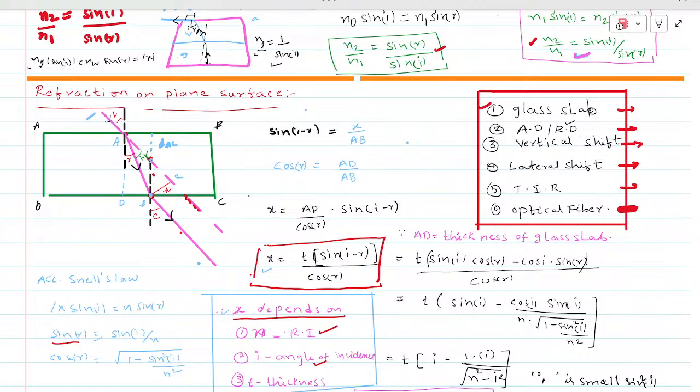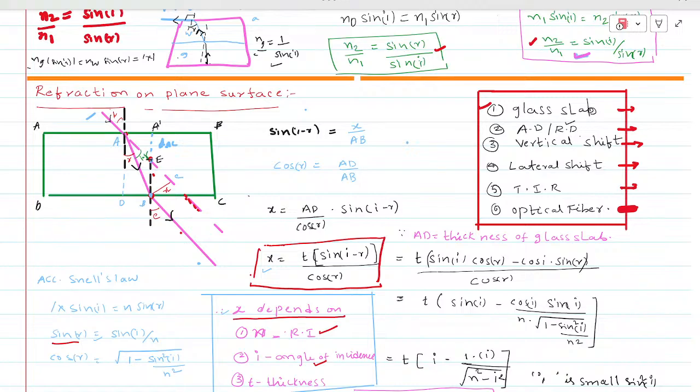These two points, B and E, show the vertical shift, and A dash E is the apparent depth. AE dash is the apparent depth, A dash E and BE are the vertical shift, BC is the lateral shift, AB is the refracted ray, angle BAD is the angle of refraction, I minus R is the deviation angle, and angle E is the emergent angle.